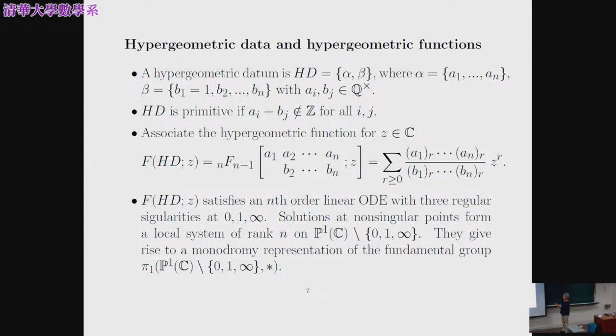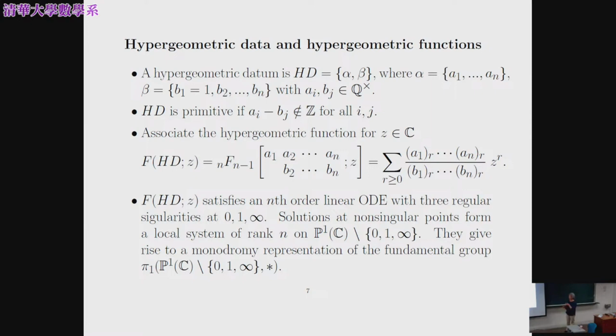So that gives us an action. We view that as an action of this loop applied to the first solution, with the image being the second solution. This, we call a representation of the fundamental group. So this is the analytic setting.